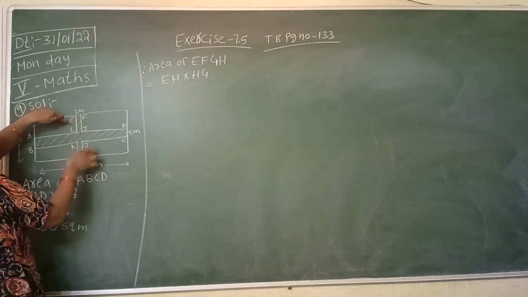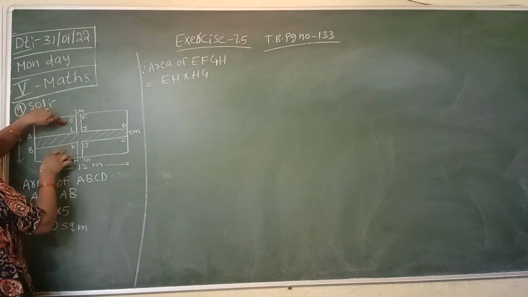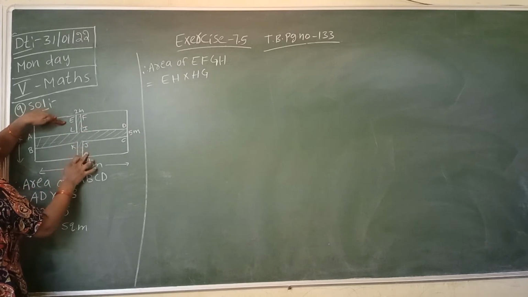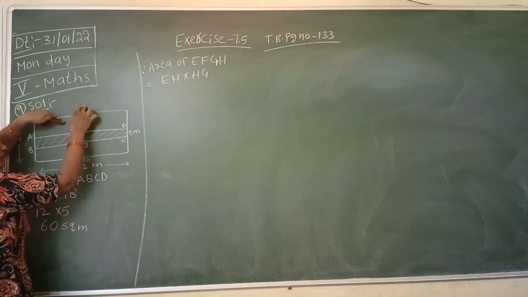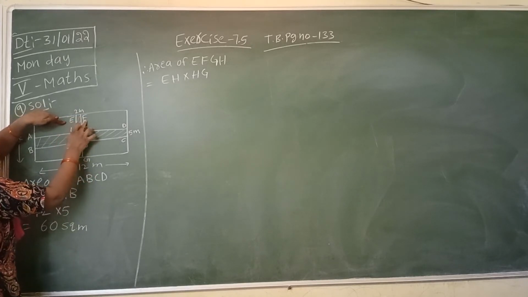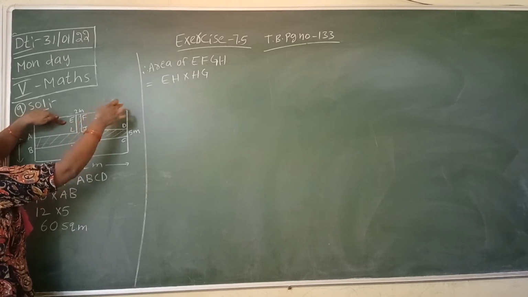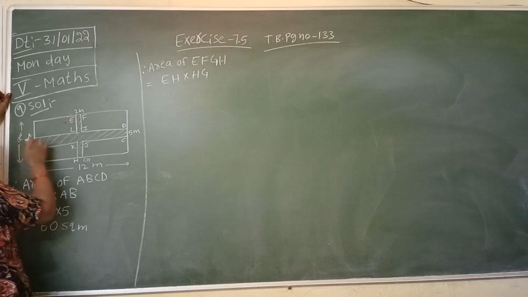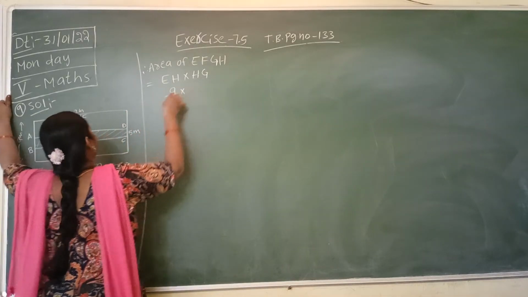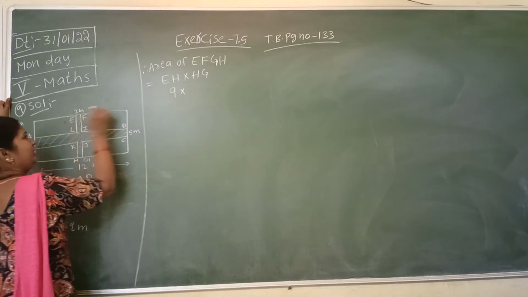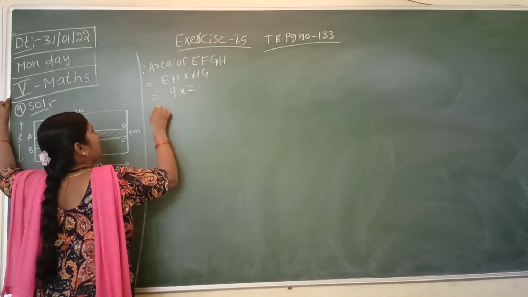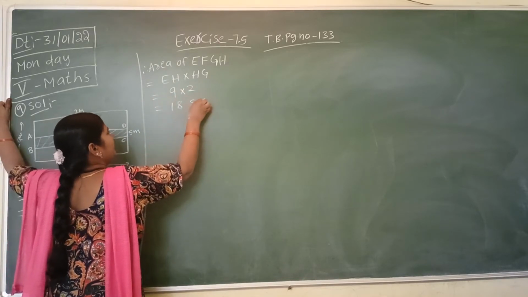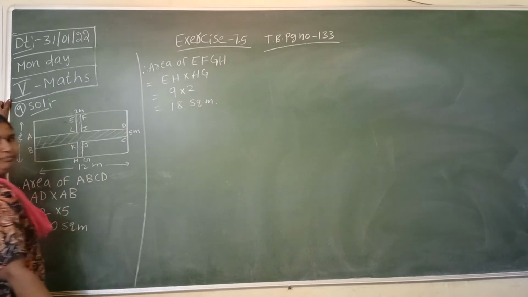EH or FG are both the same. This side we have the same, this side also we have the same width. HG here to here is 2 meters, so EF here to here also is 2 meters only. What is the EH value here to here? In total they gave 9, into HG, here to here given 2. 9 2s are 18. Meter into meter becomes square meter.